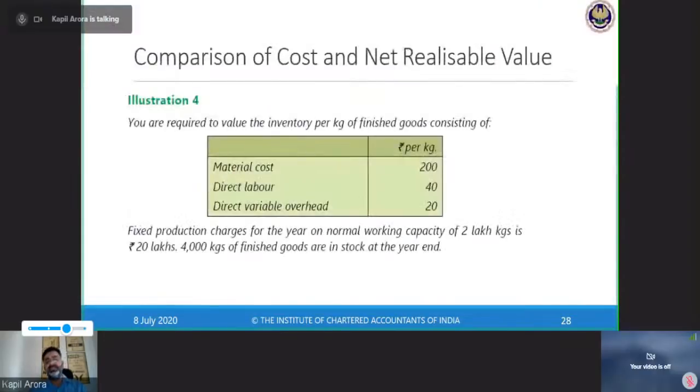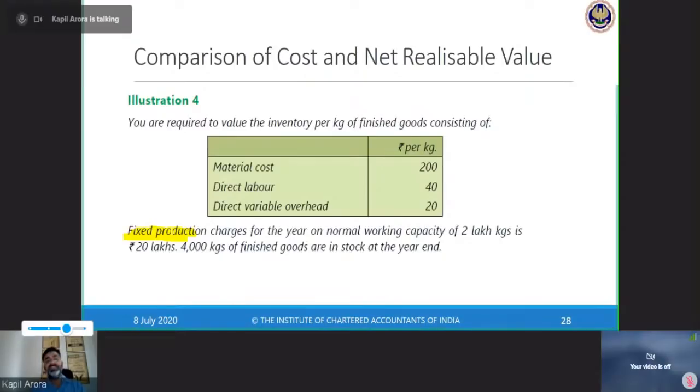Now almost everything here is variable in nature. Variable is easy to find out because whatever the value is, we consider that as the value per unit. However, the issue comes up when we have fixed expenses also, fixed overhead also.